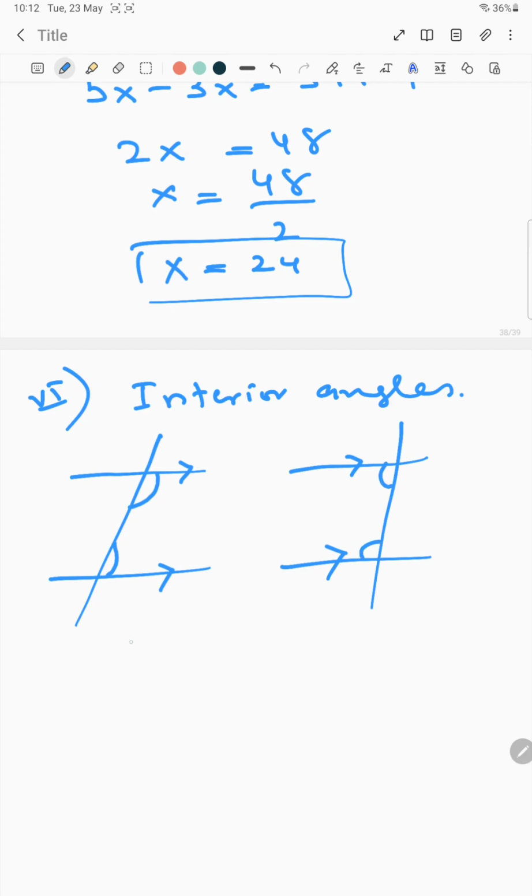So these are interior angles, and the sum of interior angles is always equal to 180. For example, if A is here and B is here, their sum, A plus B, is equal to 180.